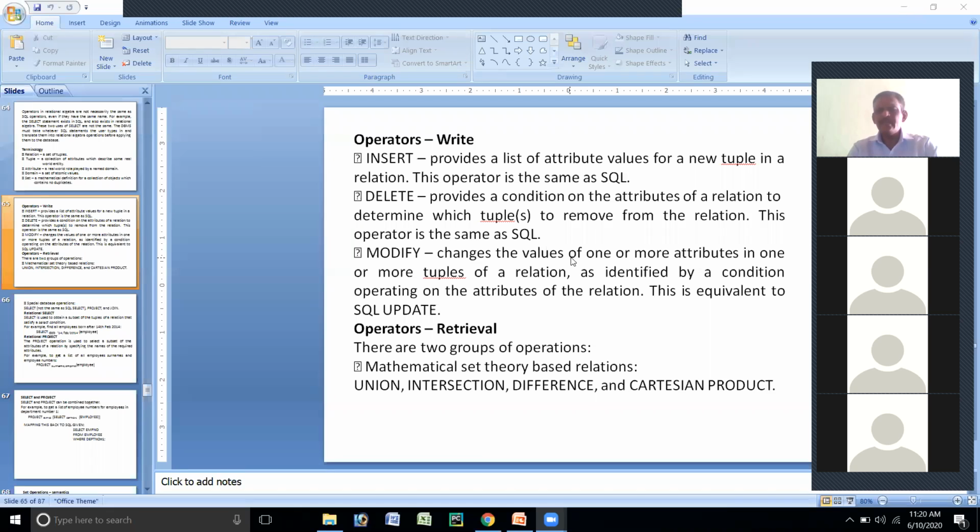The delete operator is used to remove the unwanted tuples from a relation based on a certain condition on the attributes. Suppose I want to delete some tuple from a student database.